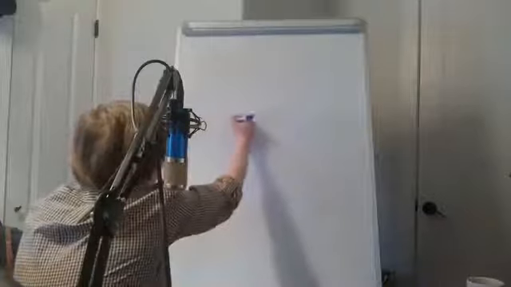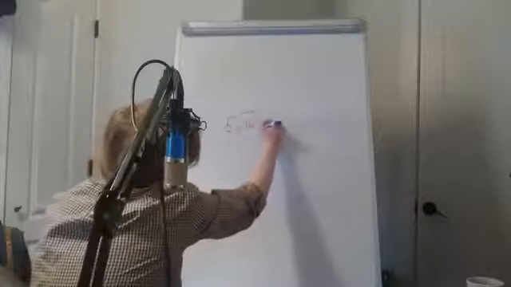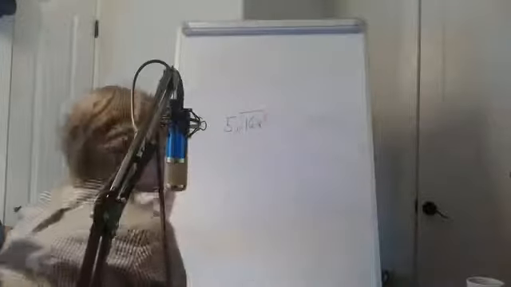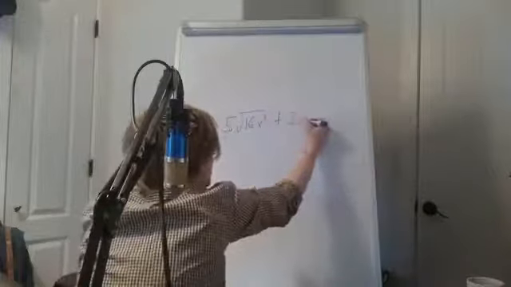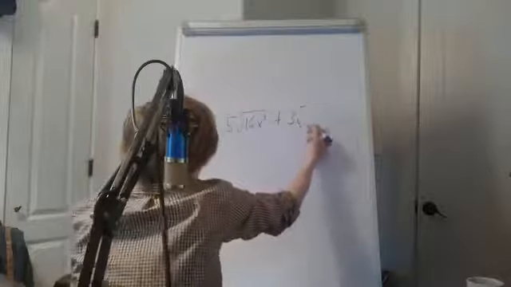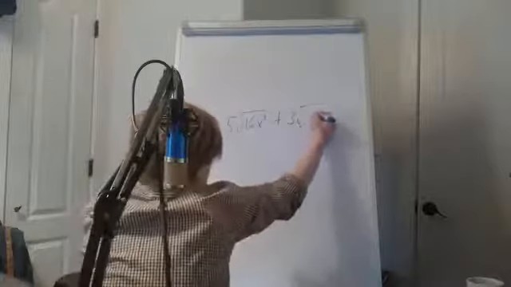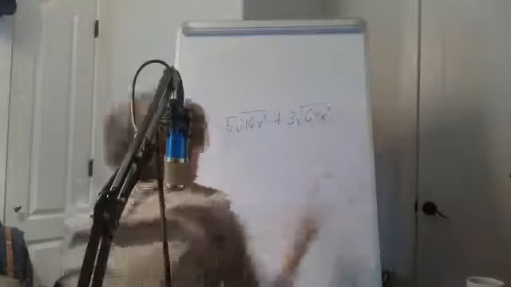Okay, so let's say this time you've got 5 times the square root of 16x cubed plus 3 times the square root of 64x cubed.